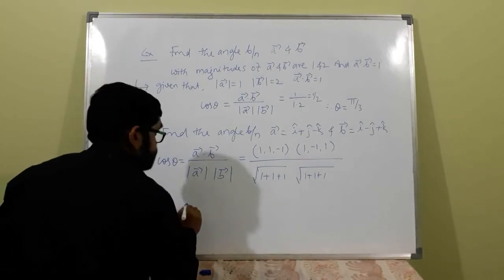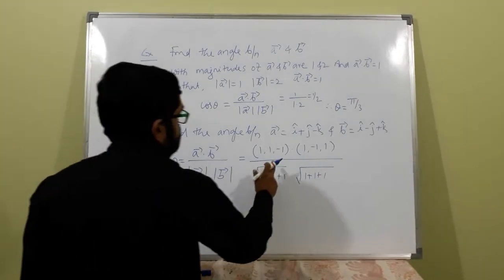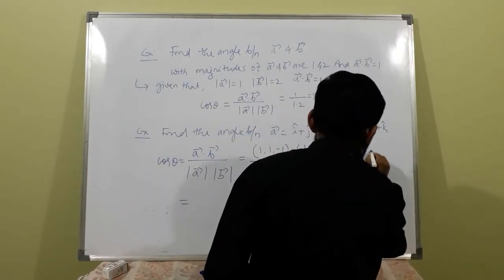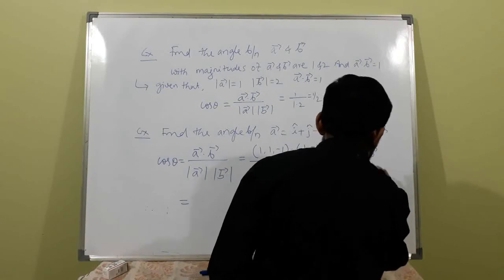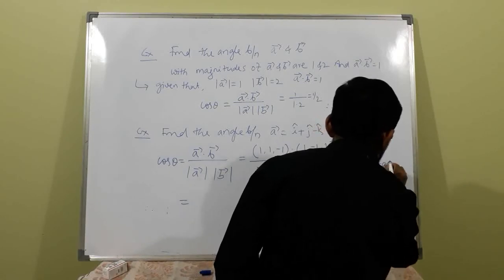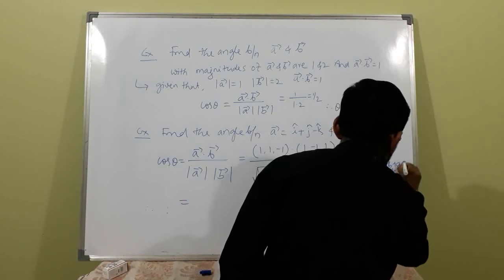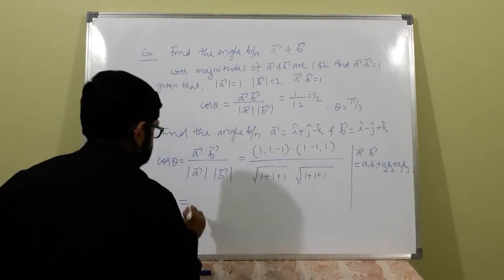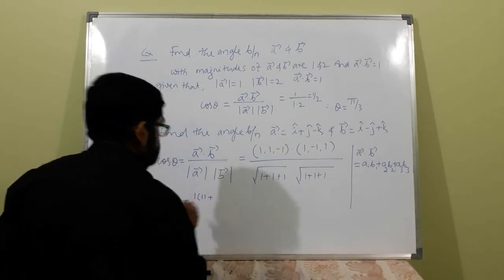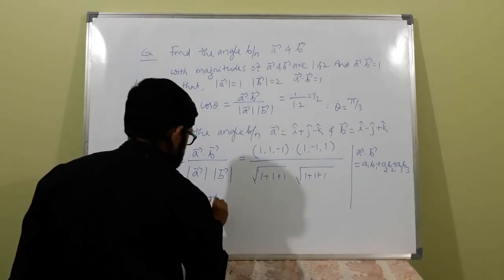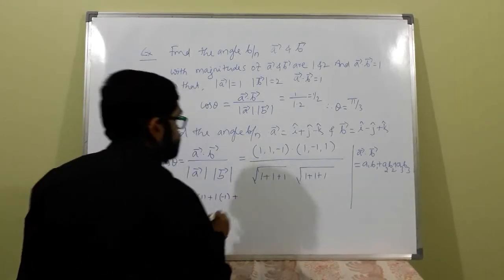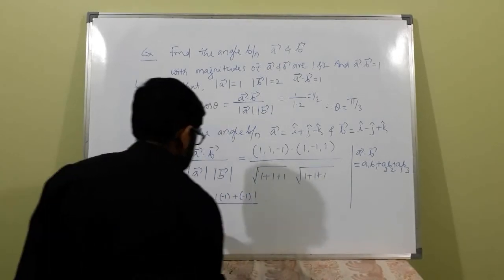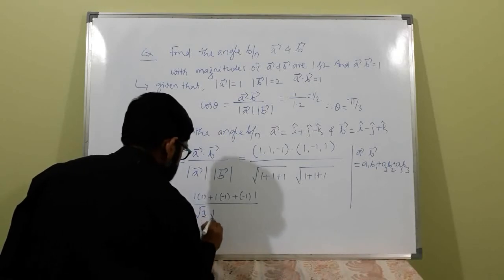So numerator is, see, A dot B. A dot B is equal to A1 B1 plus A2 B2 plus A3 B3. So A1 B1 is 1 into 1, plus 1 into minus 1, plus minus 1 into 1, whole divided by root 3 into root 3.